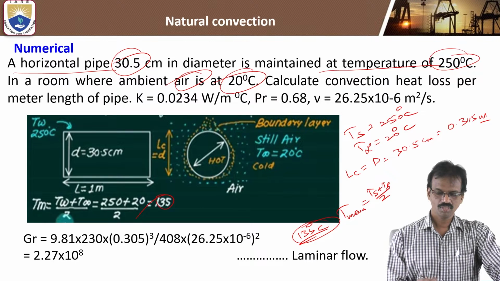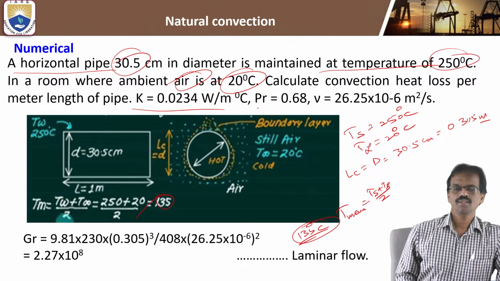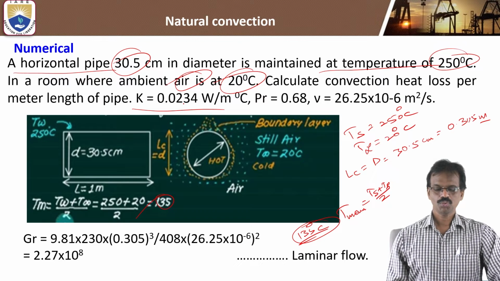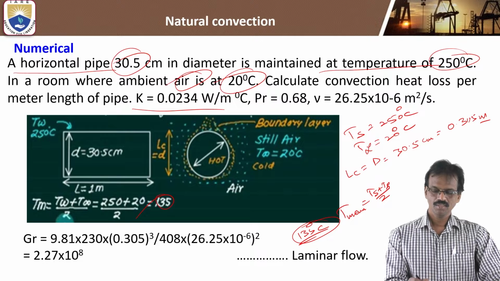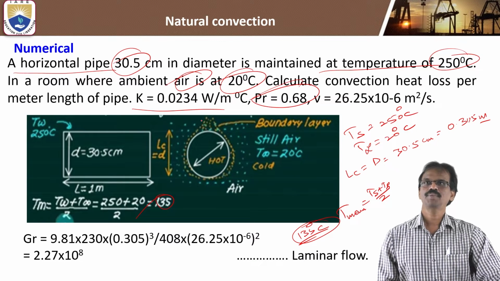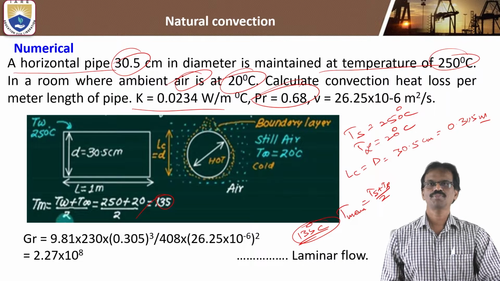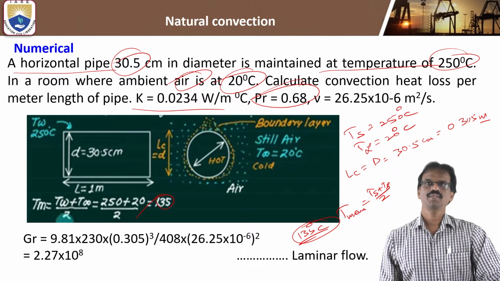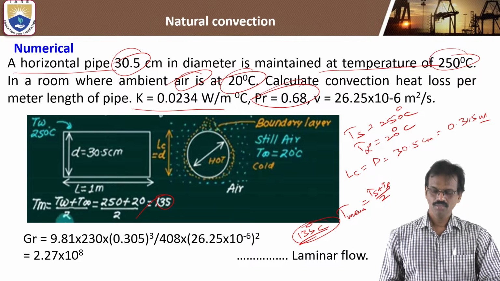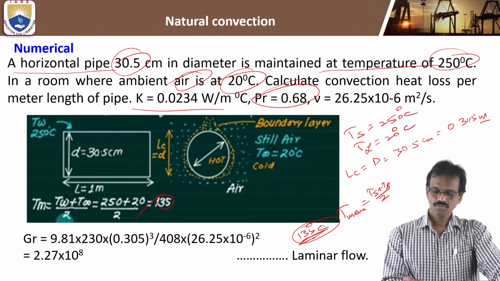These are the properties given already. Thermal conductivity of air is 0.0234 watt per meter degree Celsius, and Prandtl number Pr is equal to 0.63. You can take these properties from the data book, for dry air at 135 degrees Celsius.